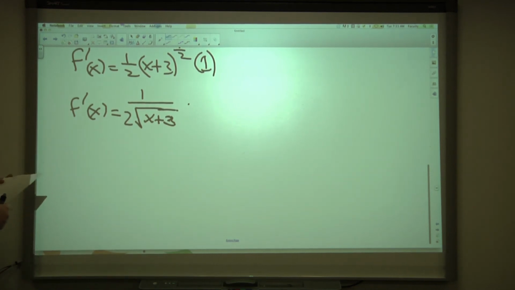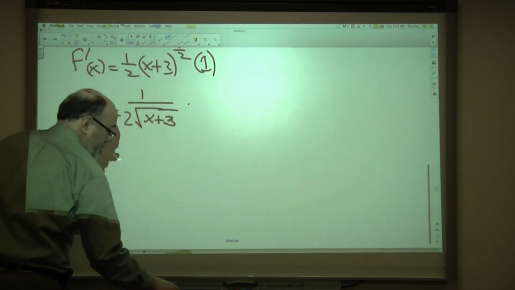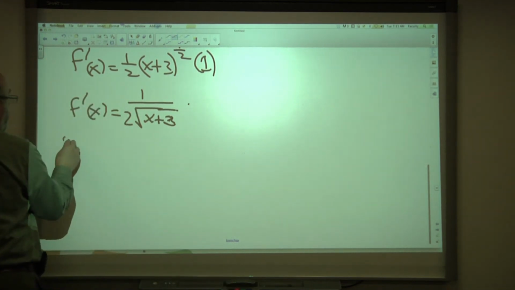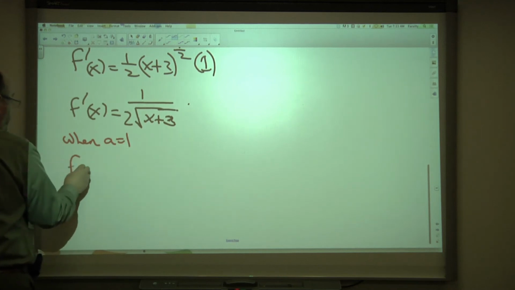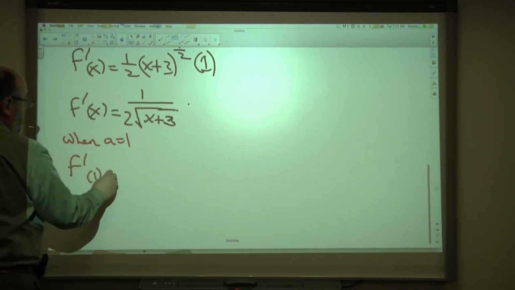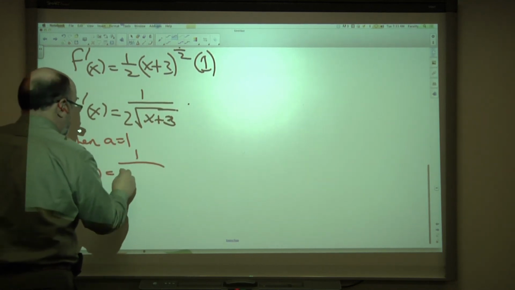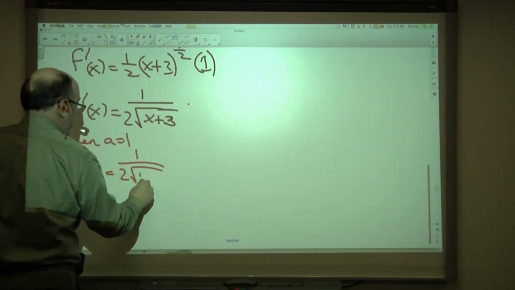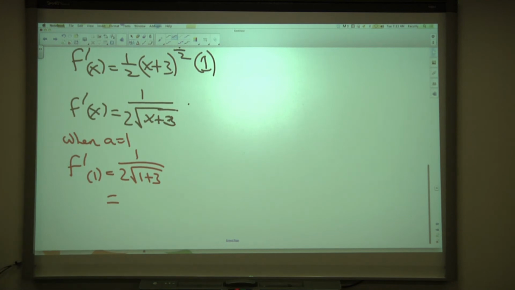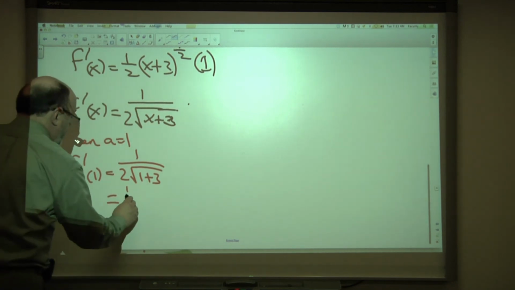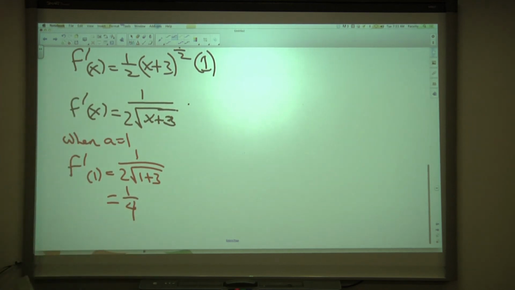Well, when a equals 1, we get that the f prime of 1 is going to be 1 over 2 times the square root of 1 plus 3. Well, 1 plus 3 is 4, square root of 4 is 2, 2 times 2 is 4, and we end up with 1/4.